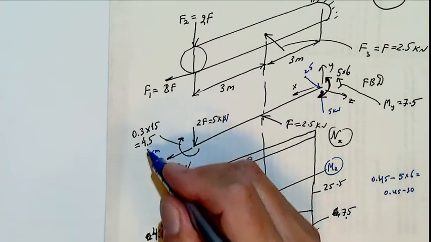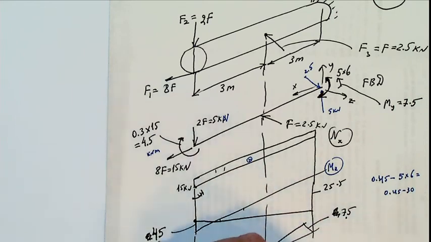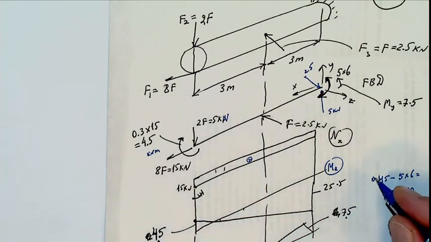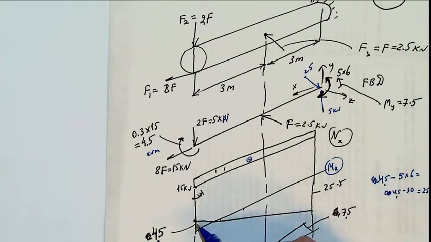This equals 4.5, sorry. 4.5 minus 30 equals minus 25.5. So that is the straight direction.